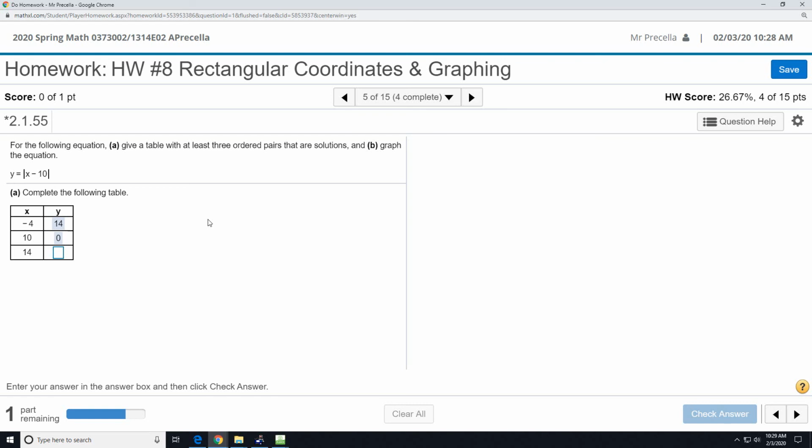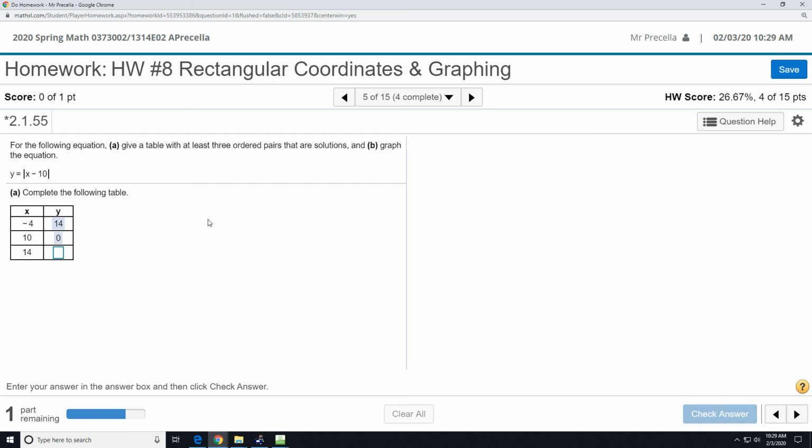And now a positive 14. So the table's not finished yet. Let's put a positive 14 in for x. Let's see, what would we have? 14 minus 10 is 4. The absolute value of 4 is 4.